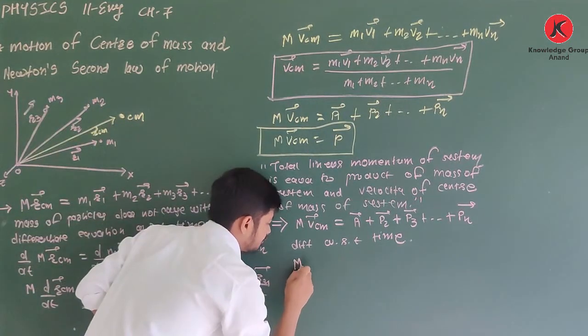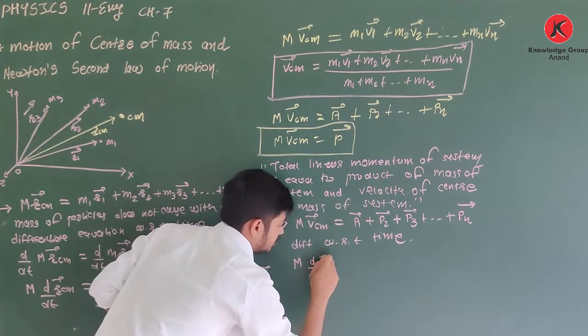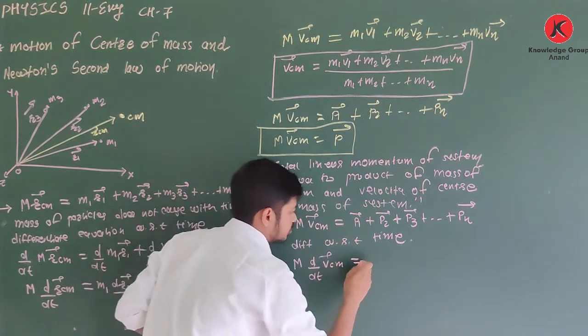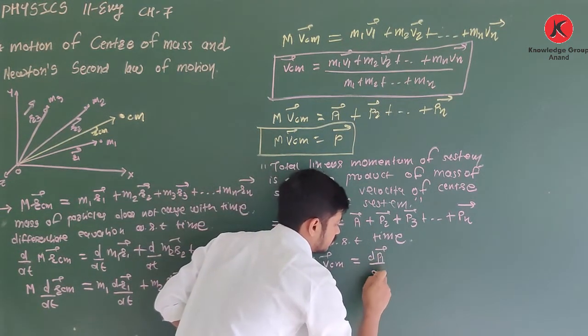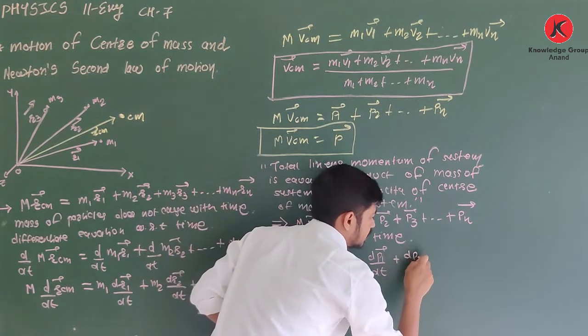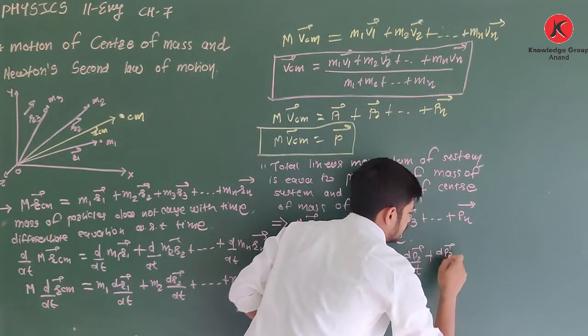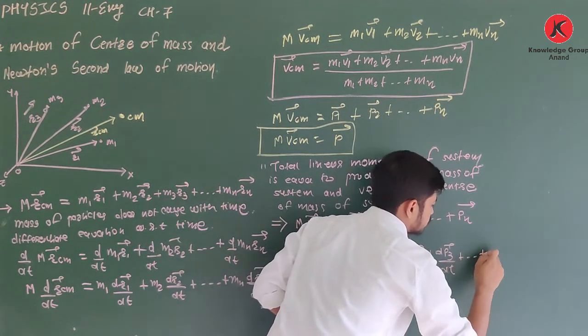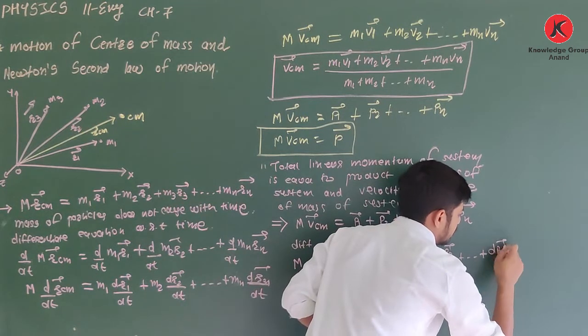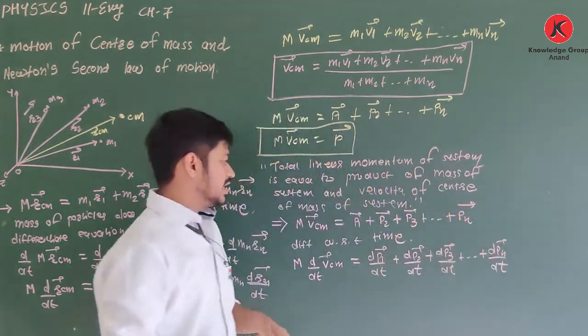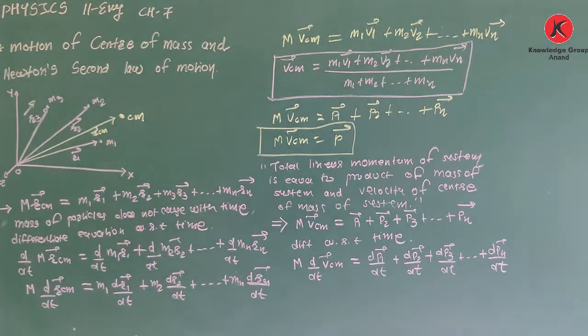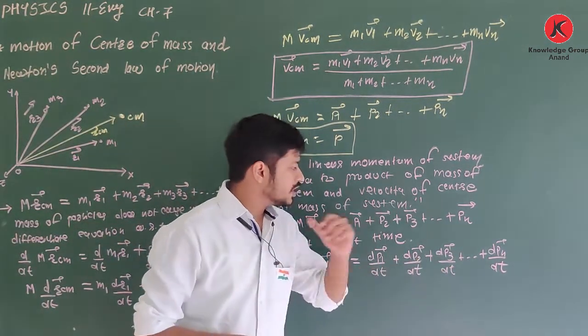It is m d by dt of v center of mass is equal to dp1 by dt plus dp2 by dt plus dp3 by dt plus so on, dpn by dt. Clear about this?